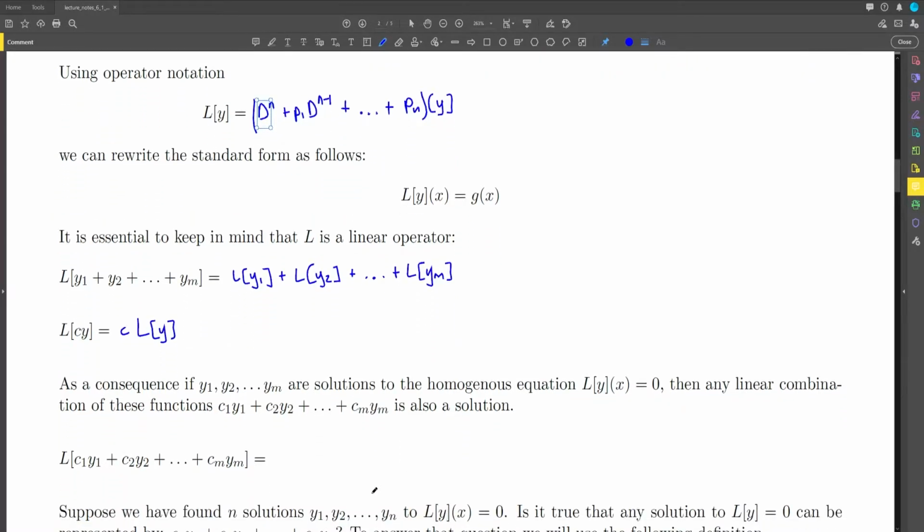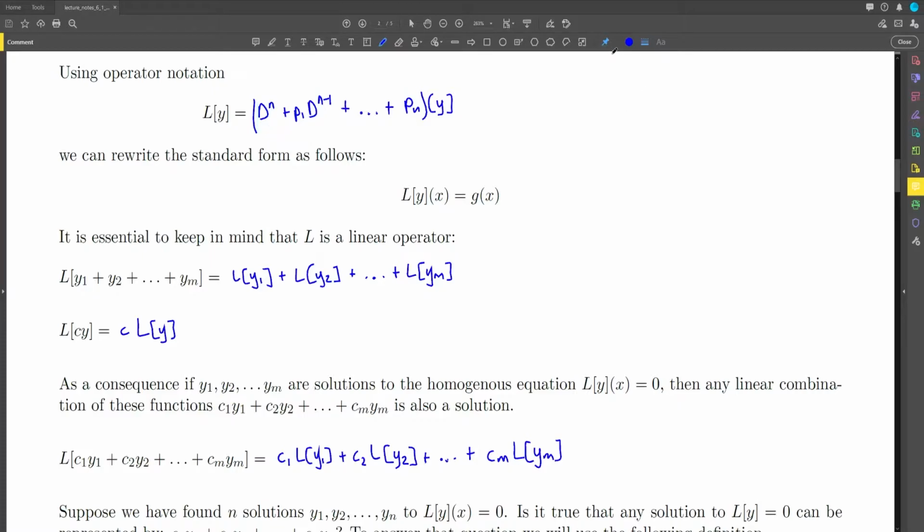You can see that because when you take the linear differential operator of this sum, we can rewrite this as c1 times the operator acting on y1 plus c2 times the operator acting on y2 plus all the way up to cm times the operator acting on y sub m.